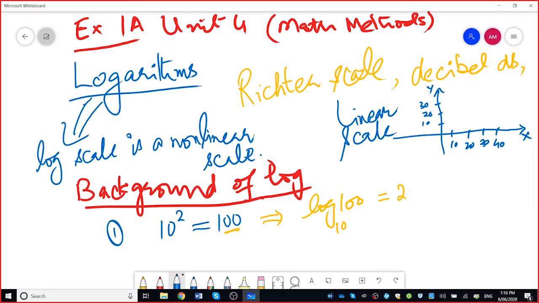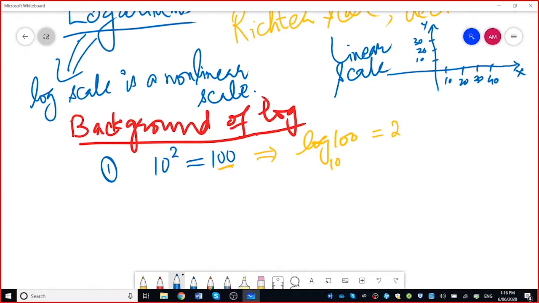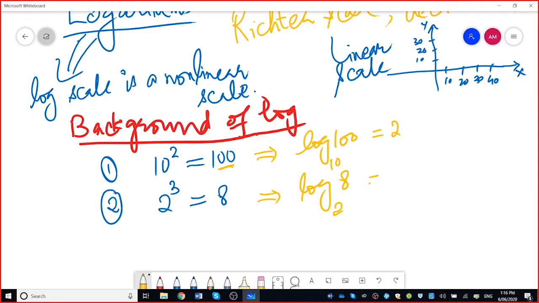Let's take another example and then I would move towards the formula. What is 2 raised to the power of 3? 8. So logarithm of 8 to the base 2 is 3, right? No worries if you don't understand.